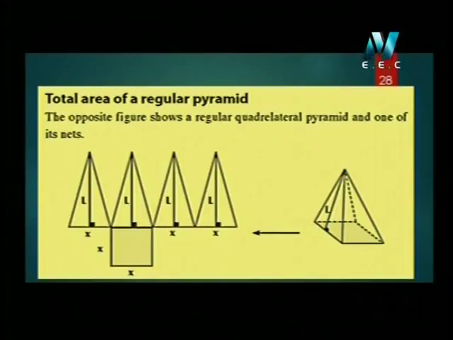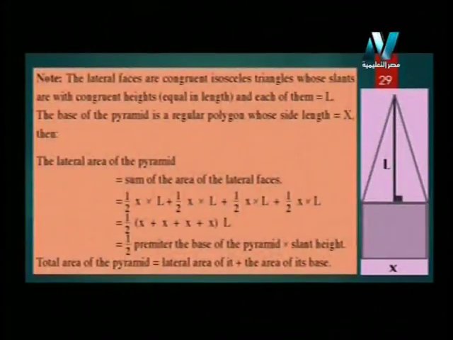So we have a slant height here for the triangle and the base. Note, the lateral faces are congruent triangles whose slant heights are congruent, of equal lengths, and each of them equals L. The base of the pyramid is a regular polygon whose side lengths equal X. Then the lateral area of the pyramid here equals the sum of the areas of the lateral faces.